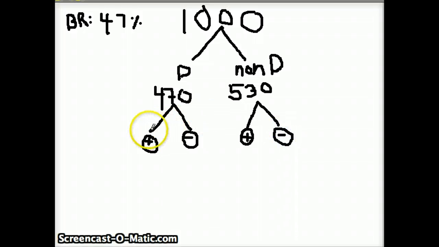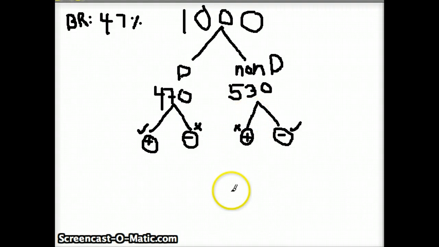Now, of course, these people here are testing positive and they have the disease, so that's a correct answer. And these people do not have the disease and they're testing negative, so that's a correct answer. These people do not have the disease, but they're testing positive, so that's an error. And these people have the disease, but they're testing negative, so that's an error too.